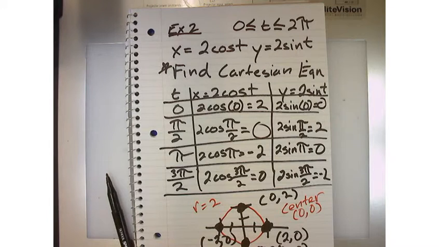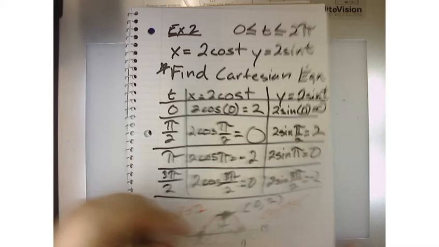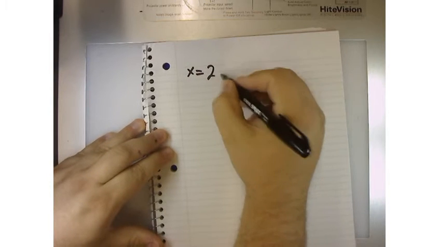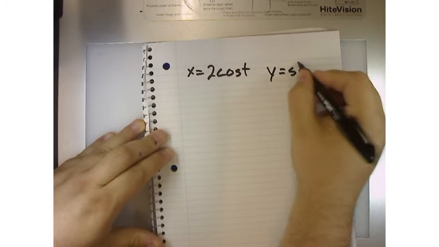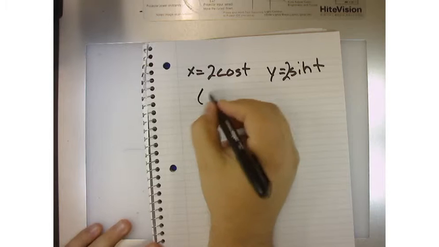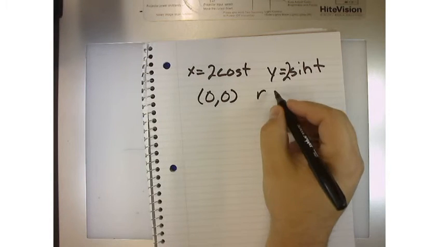Okay? Alright, now let's write the Cartesian equation. Again let's remember what we're trying to do. We've got 2 cosine of t is x and y is equal to 2 sine of t, almost forgot the 2. And we have some information that the center is 0, 0 and that the radius is equal to 2.